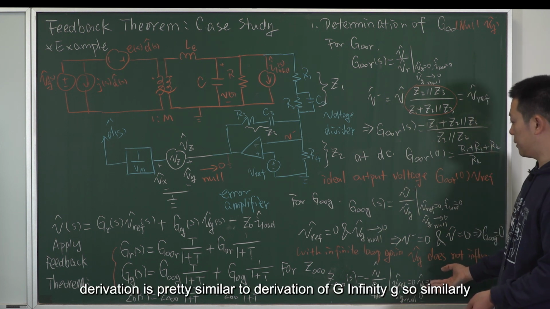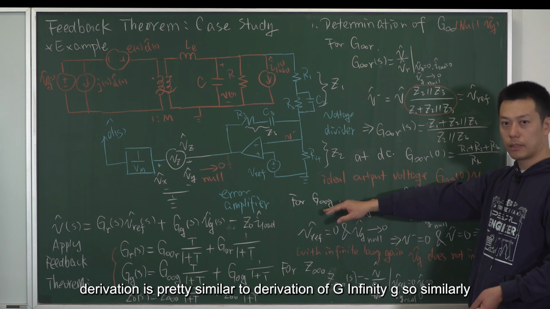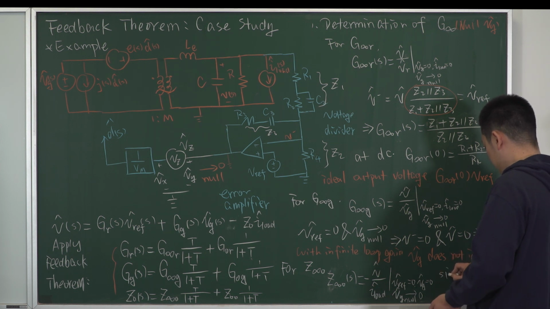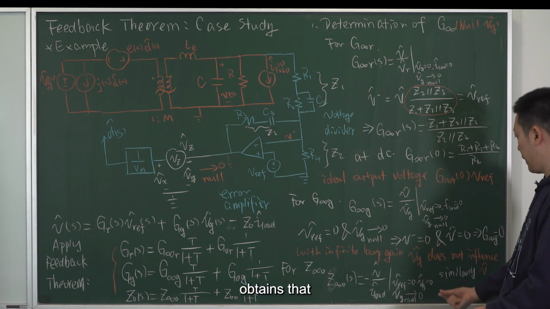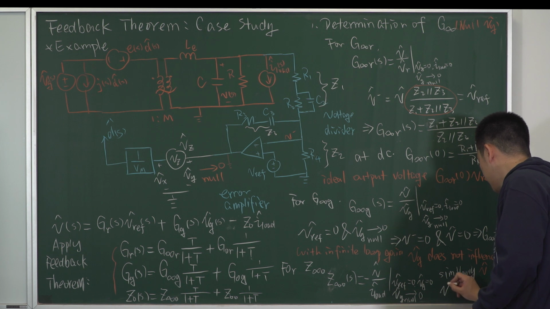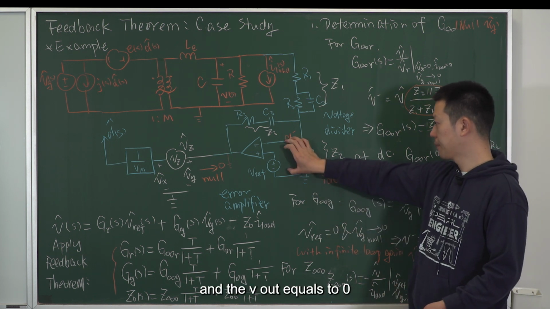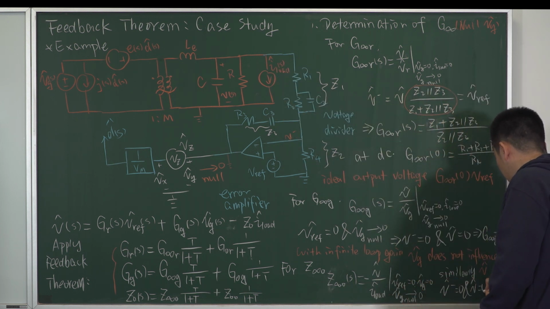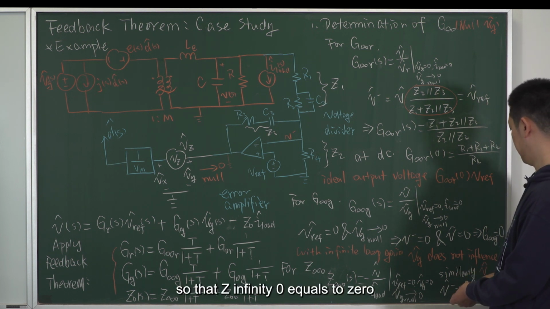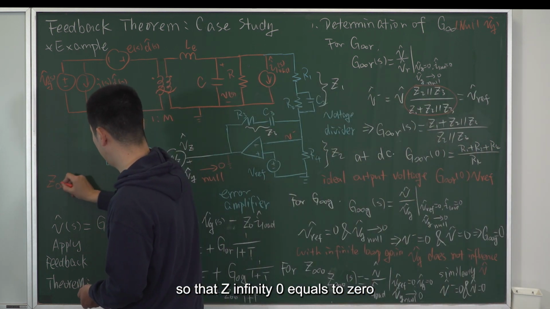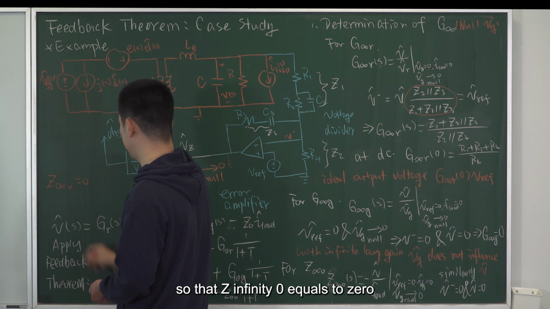This derivation is pretty similar to the derivation of G infinity G. Similarly, we can obtain that V minus equals 0 and V out equals 0, so that Z infinity 0 equals 0.